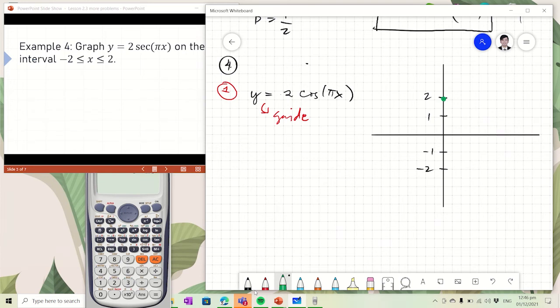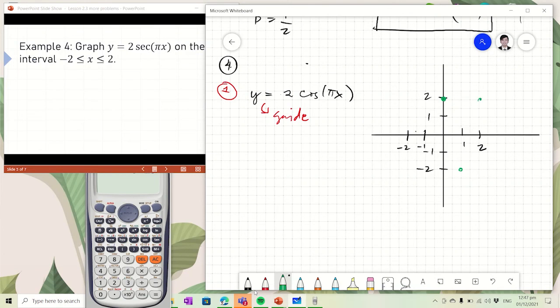Then, punta tayo dito. Gawa tayo ng 1. Then 2. -1, -2. So, 2, then sunod naman, -2, sunod naman, 2.